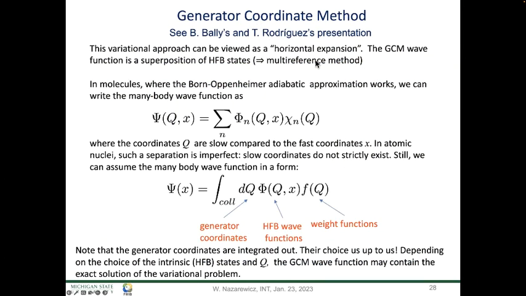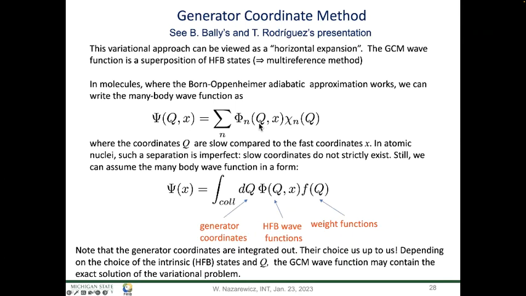And this will be discussed by Bali and Rodriguez in their talks, I presume, because they will talk about GCM. This is something which is very well known in atomic molecules, where you have a wave function which depends on slow coordinates, ionic coordinates, and fast electron coordinates, and you build the wave function in this way.